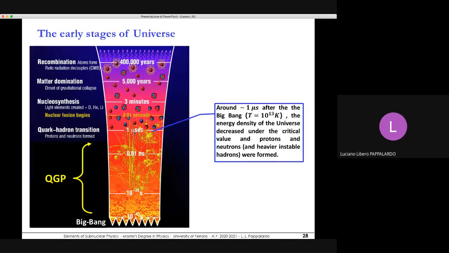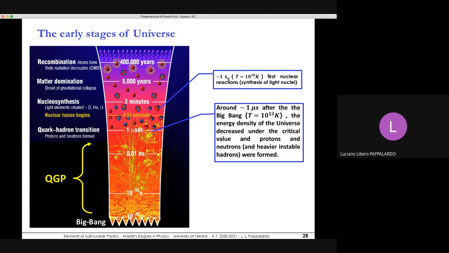Then around 1 microsecond after the Big Bang, when the temperature of the universe dropped down to 10 to the 13 Kelvin, the energy density of the universe decreased under the critical value for the phase transition, and then the proton, the neutron, and also heavy and stable particles were formed in this epoch.